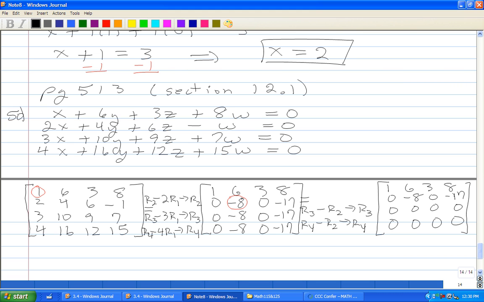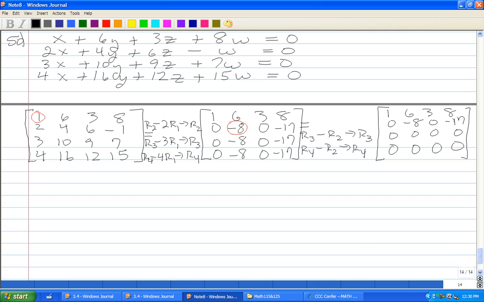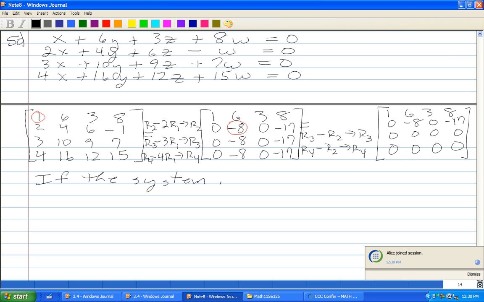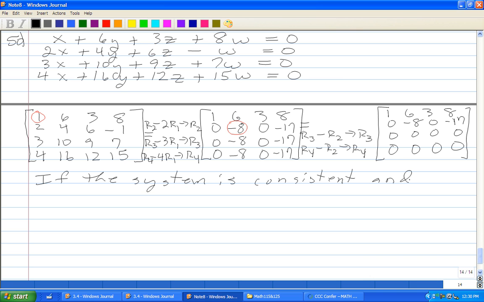And so, when you happen to have a consistent system, so if the system is consistent, and in row echelon form, all the zeros have got to be at the bottom.